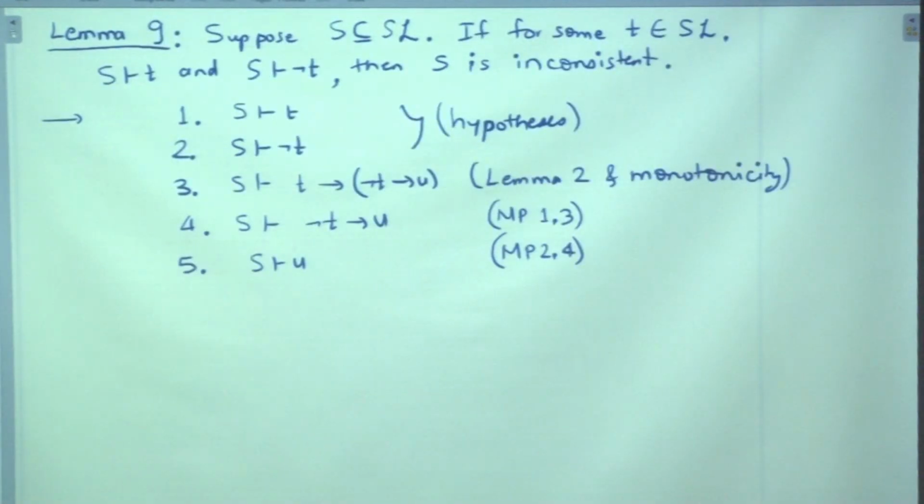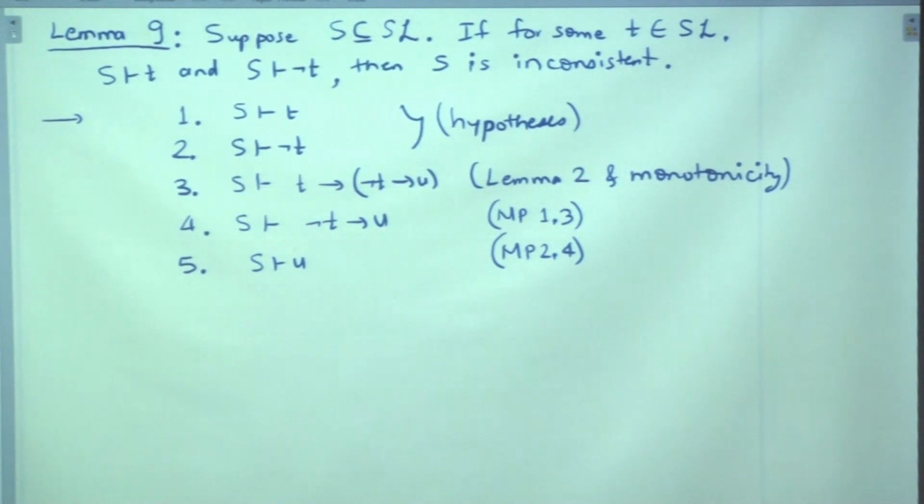So if there is a set from which we can prove little t as well as negation t, then S is inconsistent. The proof is not very different from what we just saw, but it is just a sufficiency test, okay? And we are going to use all of these proofs later.